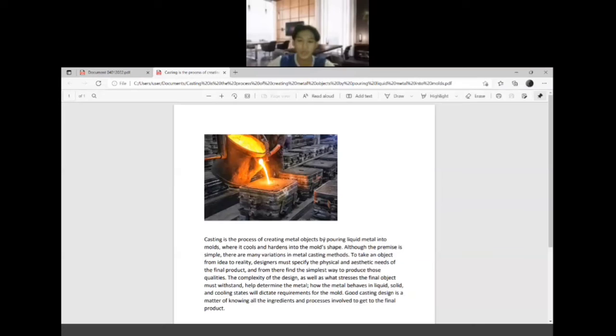What is casting? It is the process of creating metal objects by pouring liquid metal into molds. To find the mold's volume, we need to find certain parts of that mold which have different volumes, so we can use triple integration in spherical coordinates.